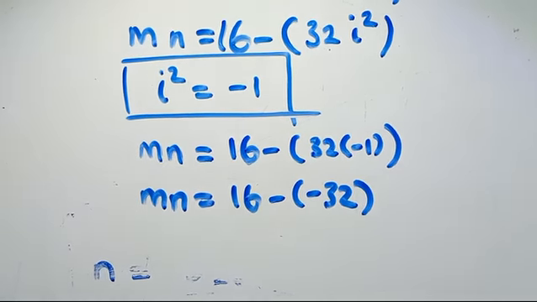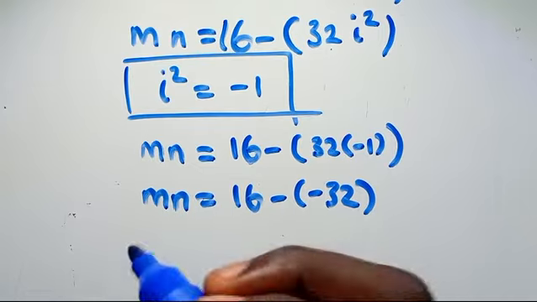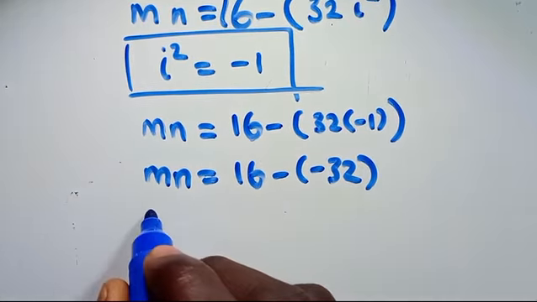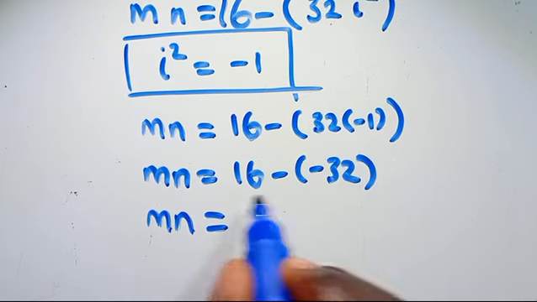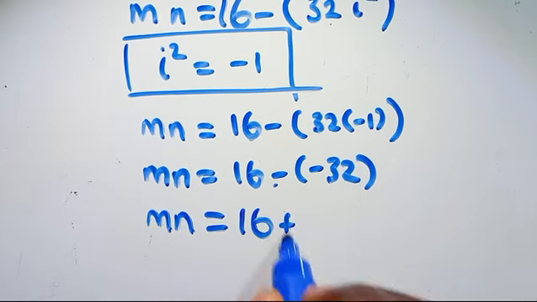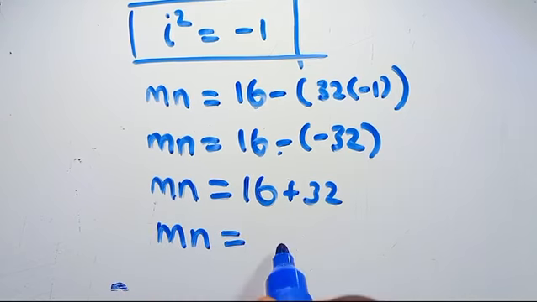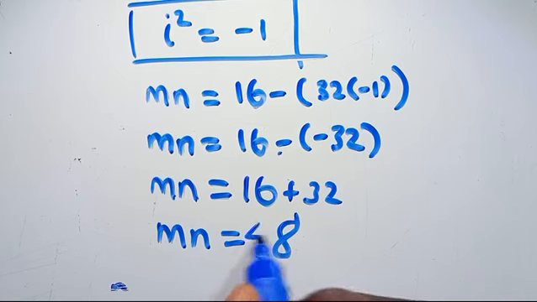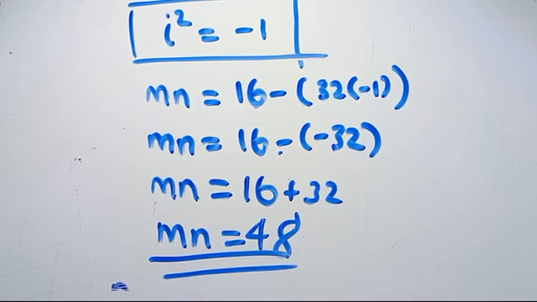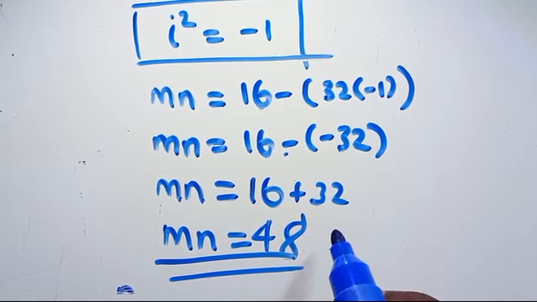So we have mn equals 16 minus minus, will be plus 32, which is 48. So we prove this to be 48.